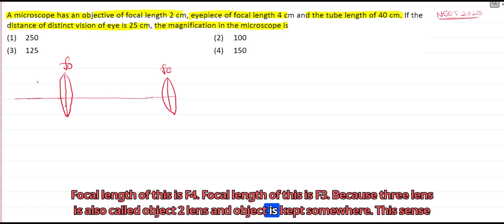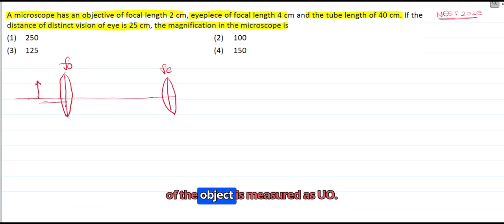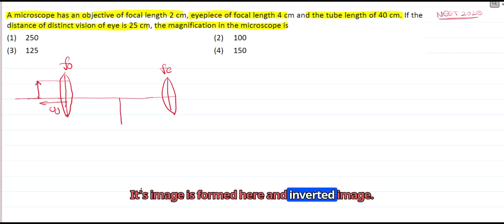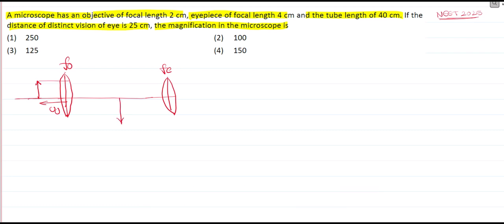An object is kept somewhere. Distance of the object is measured as UO. Its image is formed here, an inverted image. This is called VO. Magnification of this field lens is VO by UO.